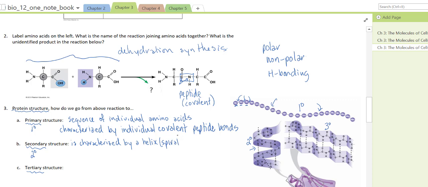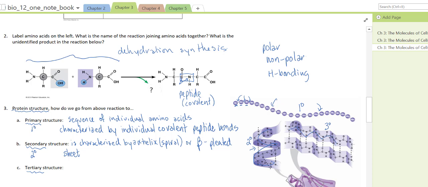The other is what we call a beta pleated sheet. These are just the Greek letters alpha and beta, one being the first version and the second being the second version of the secondary structure. So here's the spiral, the alpha helix, and over here is the beta pleated sheet.